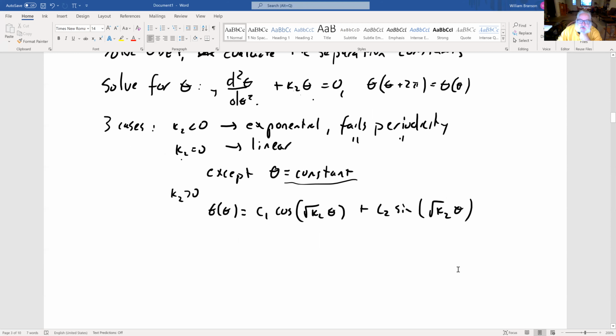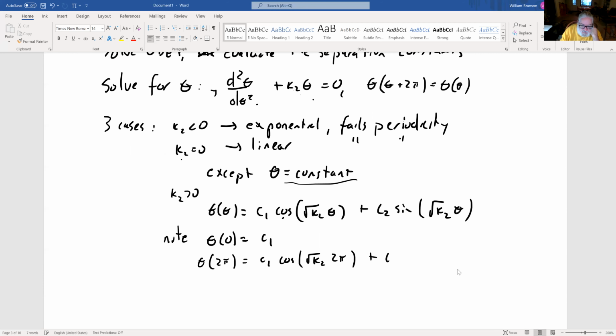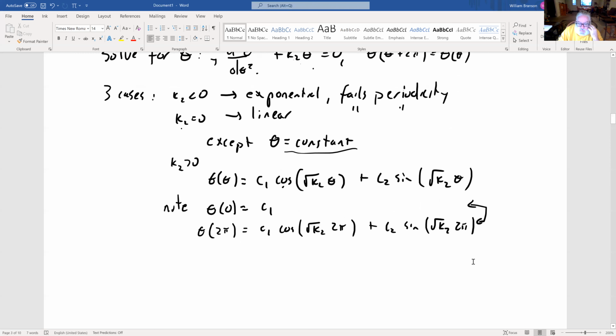So if we take theta of 0, that's just C1, and theta of 2 pi is C1 cosine square root of K2 times 2 pi plus C2 sine square root of K2 times 2 pi. And these two things have to be equal to each other.